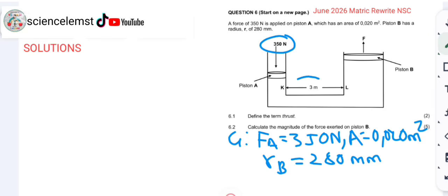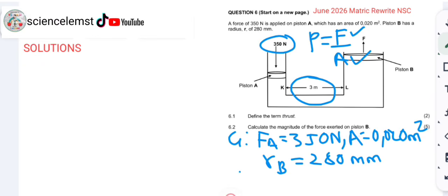Someone might ask, what about this distance? That distance has nothing to do with the calculation. Remember, the calculation we are referring to is pressure is equal to force over area. So in my calculation, I just need the force and I need the area. So I've collected the given information.